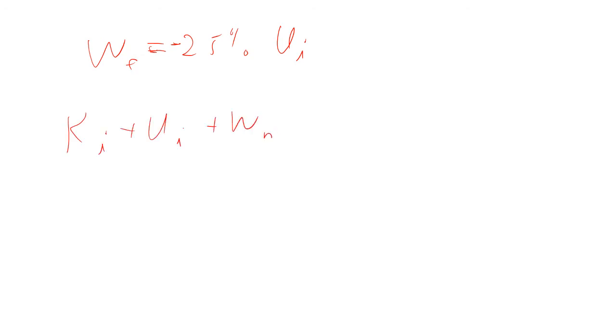What if there were friction? What if the work done by friction were 25% of the initial? Well, it should be negative because it's taking energy out. So that means that K initial plus U initial plus the work done by friction is going to be equal to K final plus U final. That didn't change.